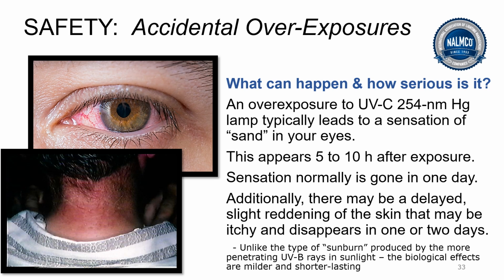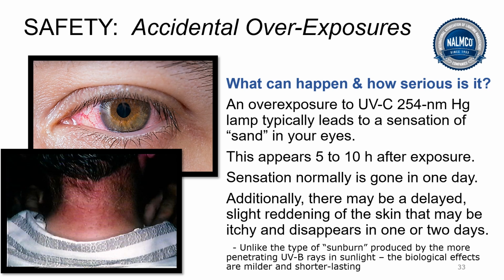So what happens? Well, you can get a little reddening of the skin, which we mostly call sunburn. The technical term is erythema. And it might feel sort of itchy and dry. The other type of adverse but temporary injury is that of the cornea, the outermost surface of the eye.